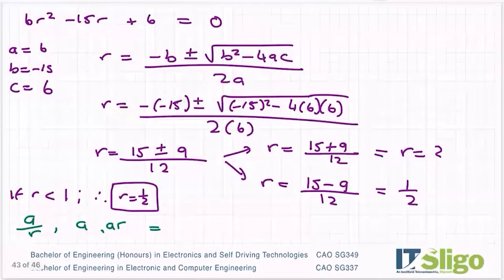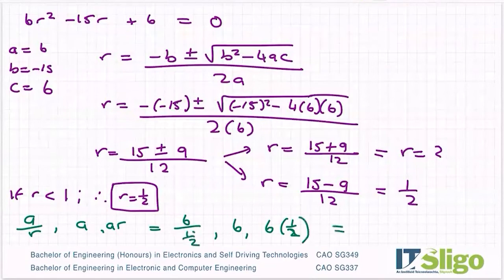My a was 6. So 6 over a half, 6 times a half. I did that before. Okay, so 6 over a half then will work out to be 12, 6, and then 6 times a half. So the three first terms in this sequence are 12, 6, and 3.